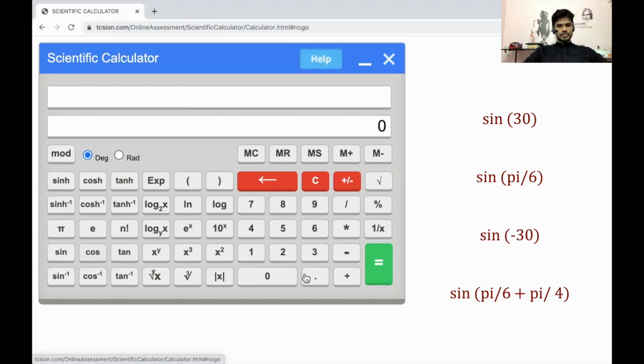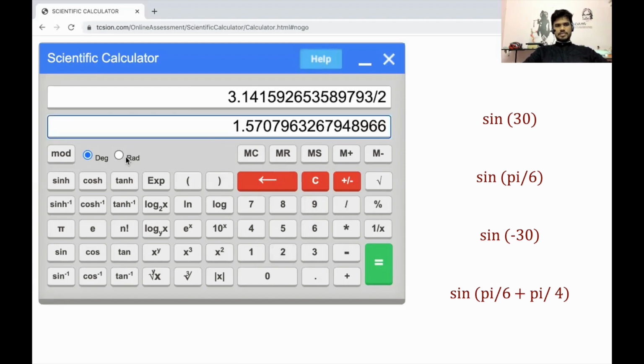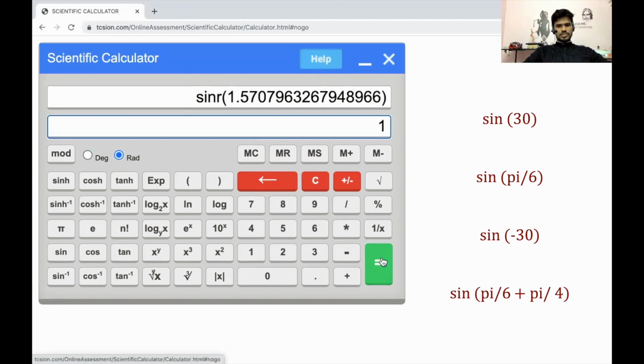So first, find pi by 2. This number is in radians, and you want to calculate sine according to that. So I went to the radian mode and then did sine. Now I have sine r, which says it calculated treating input as radians. And sine r, I suppose, is sine pi by 6. Is that 1? Or I did pi by 2, I suppose.